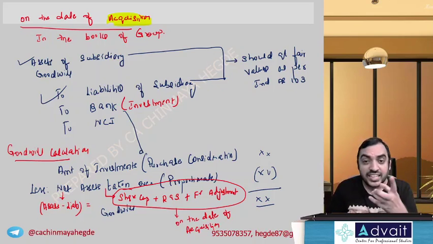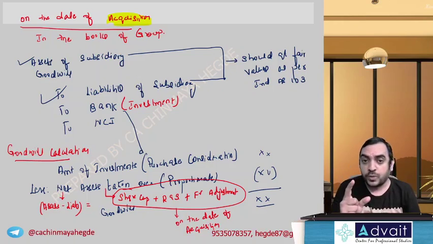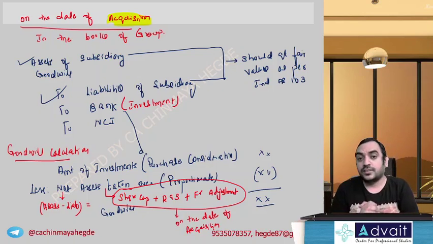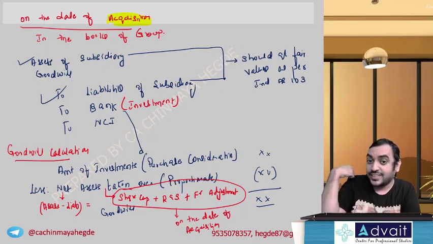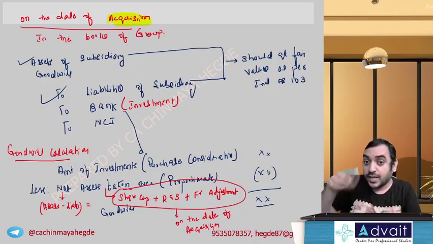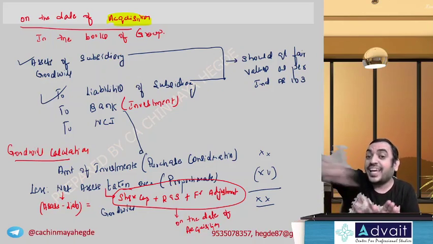Are you clear? I'll explain once more. In the full-fledged problems, when they give you reserves and surplus in the balance sheet, that includes the profit made by the group after acquisition. But while calculating net assets to go backwards, that post-acquisition profit should be eliminated.